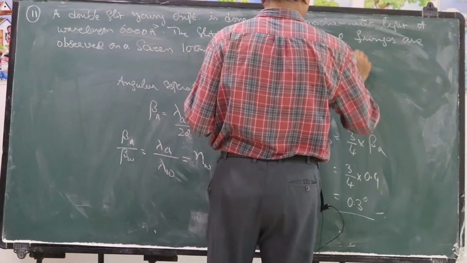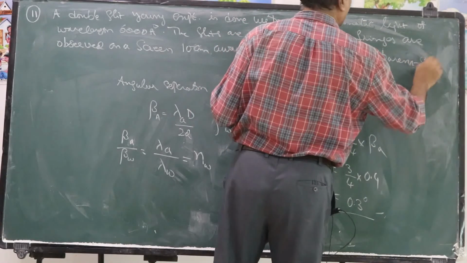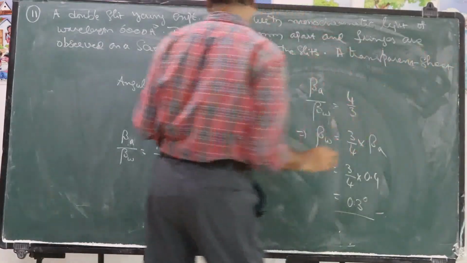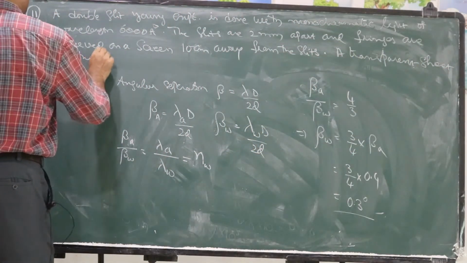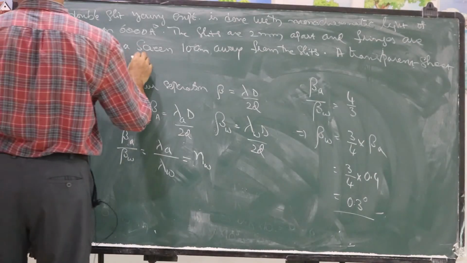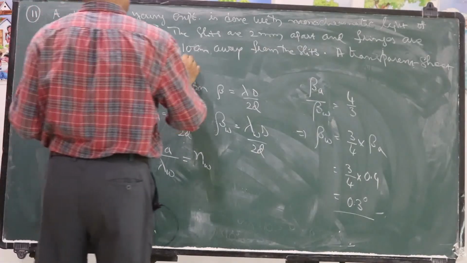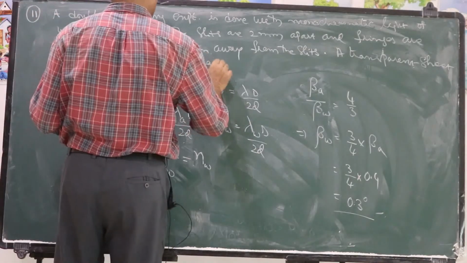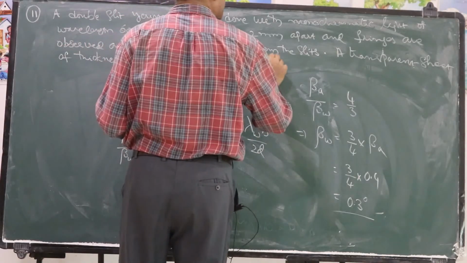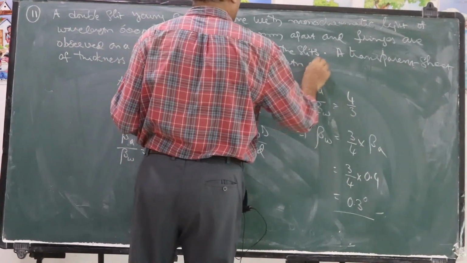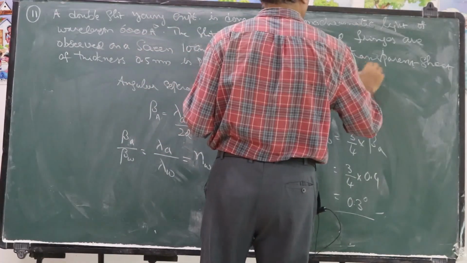A transparent sheet of thickness 0.5 millimeter is placed in the path of one of the interfering beams.